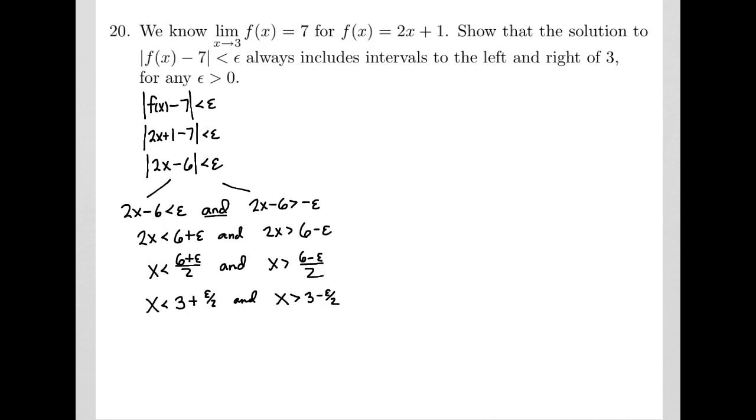So on a number line, I've got my number 3, and what I found is that I'm within epsilon in my approximation as long as my x is between 3 minus epsilon over 2 and 3 plus epsilon over 2.